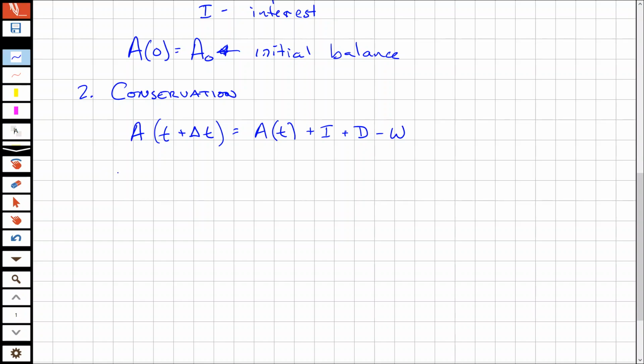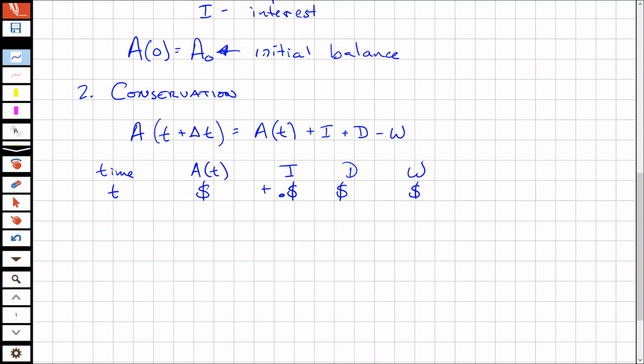So at time t, our account value, some sort of interest, some sort of deposit, some withdrawal. We have some money here, and then some other deposits as well.